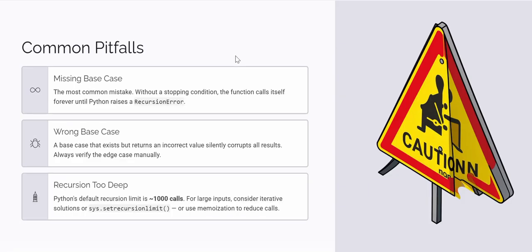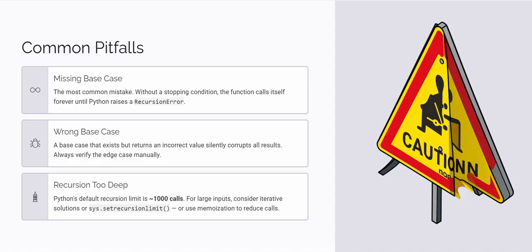So here are some common pitfalls, common mistakes that everybody makes in recursion. So here is the missing base case. If you forgot to specify your base case, then like I told you, it is going to show a recursion error, as it is running till infinity.